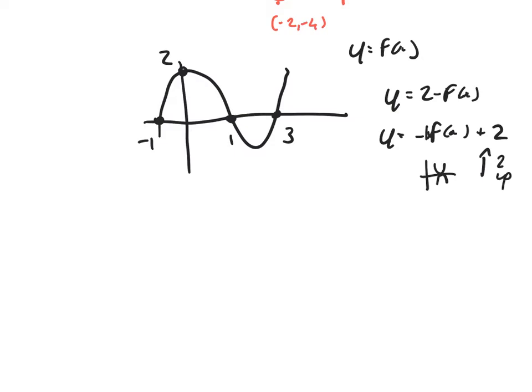So let's do the reflection first. Okay, so think about it, a reflection across the x-axis at 0, 0 and 0 still gives me 0, 0 and 0. But 2 will then reflect down to -2, and the curve will look something like this.